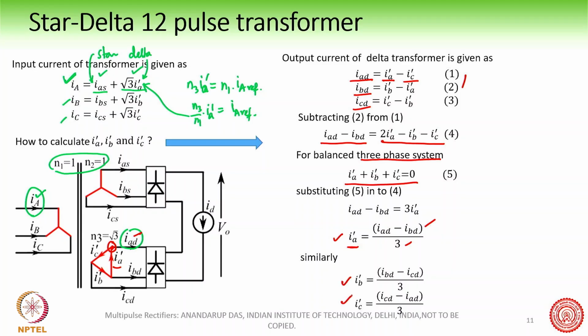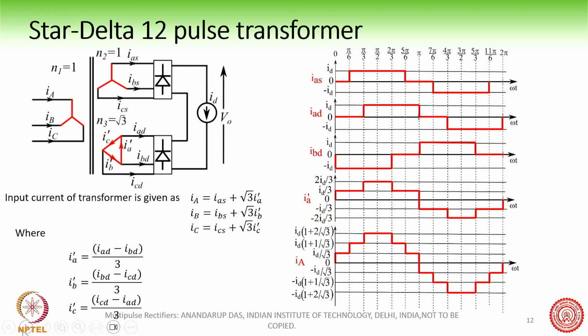These are the currents which are flowing. Now after we have obtained these expressions, we can say that the input current of the transformer is I capital A equals IAS plus √3 IA dash, where we have already got these values of IA dash, IB dash and IC dash.